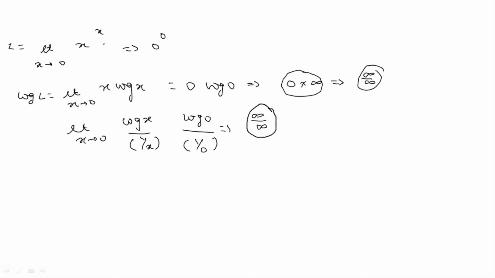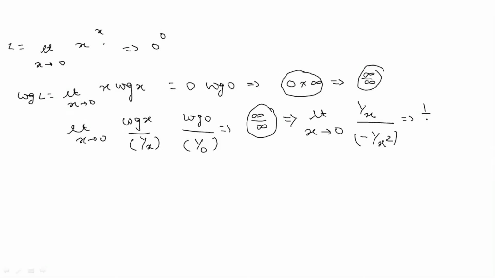Here we reach infinity upon infinity format, so we can use L'Hopital's rule. We can differentiate the numerator and the denominator separately. Now the limit as x tends to 0: the differentiation of log x is 1 by x and the differentiation of 1 by x is minus 1 by x square.